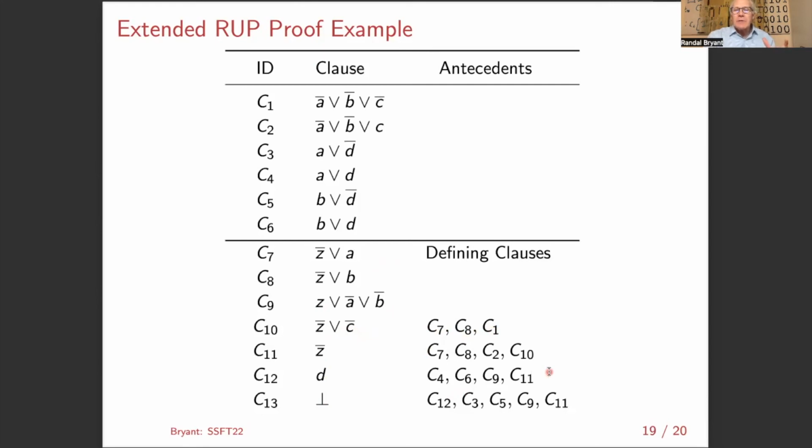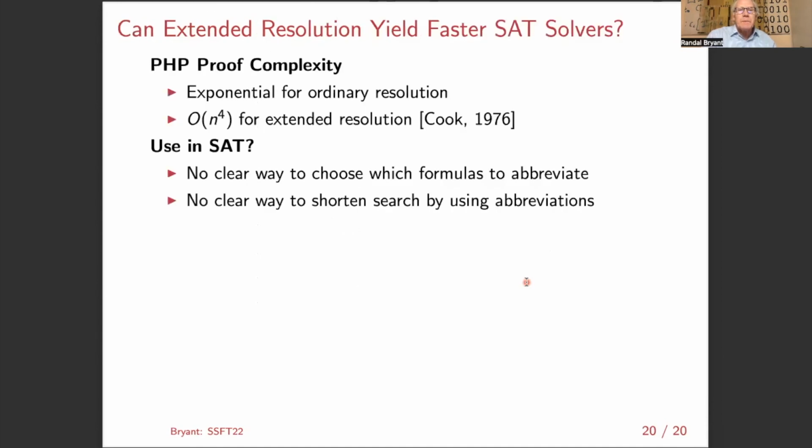In this case, I didn't really save any clauses because, first of all, I had to add 3 clauses, and my inferences weren't any more compact. But you could imagine in other cases being able to abbreviate some complex combination of things over the clauses might actually be a good idea.